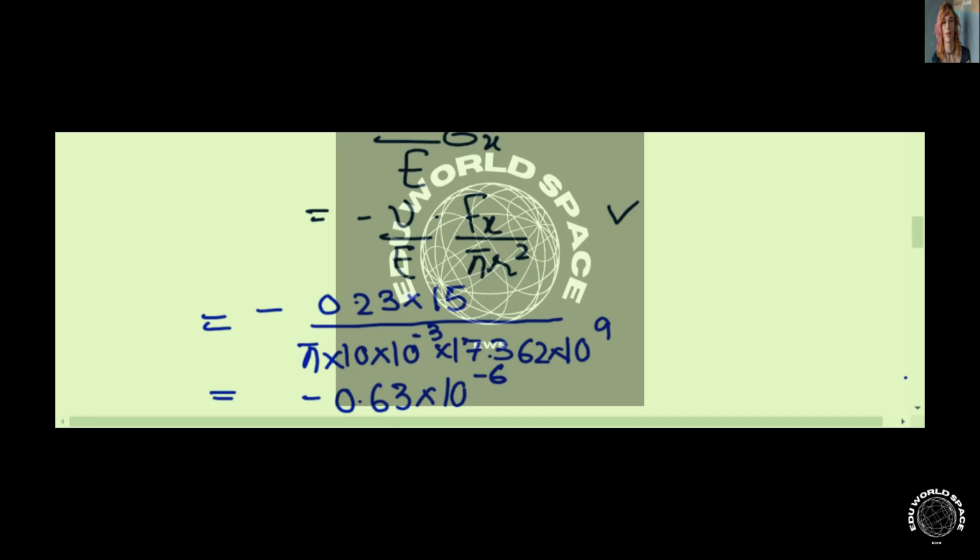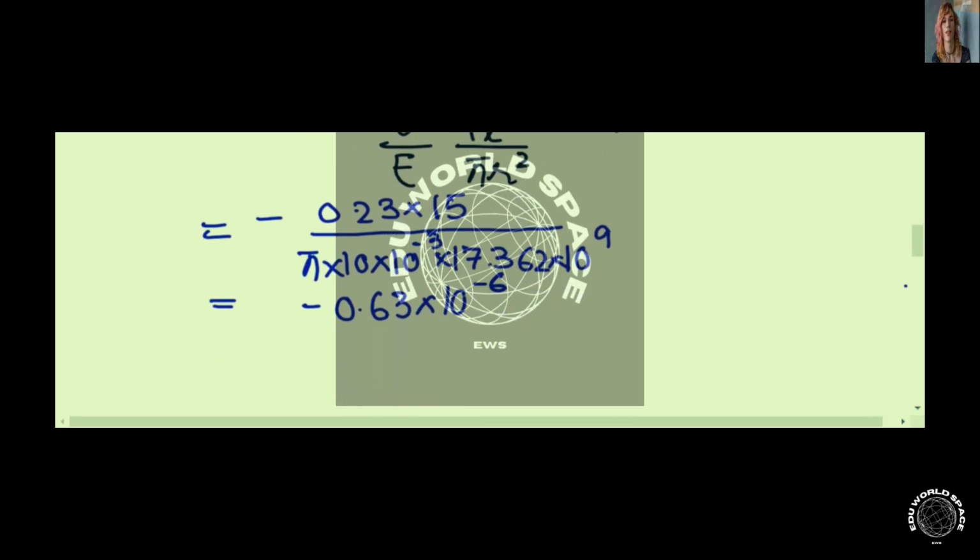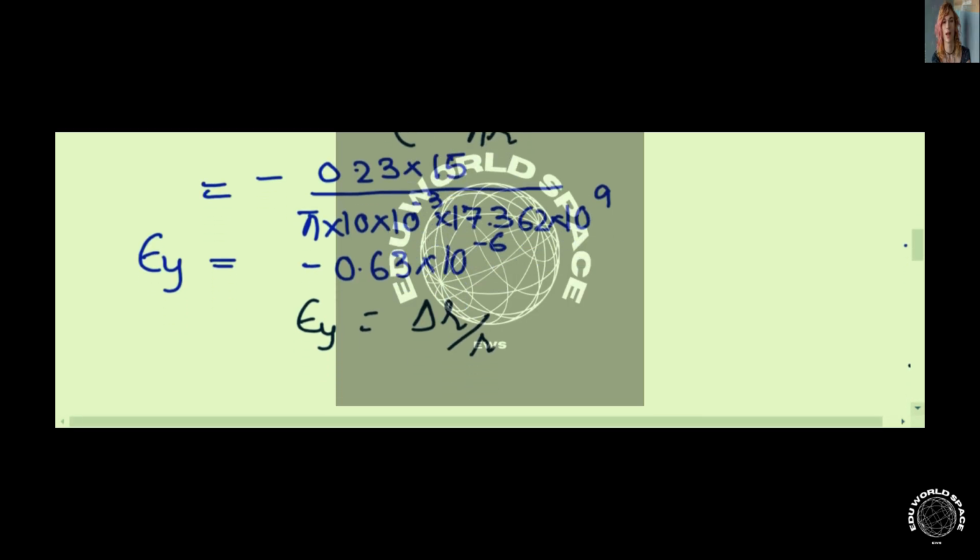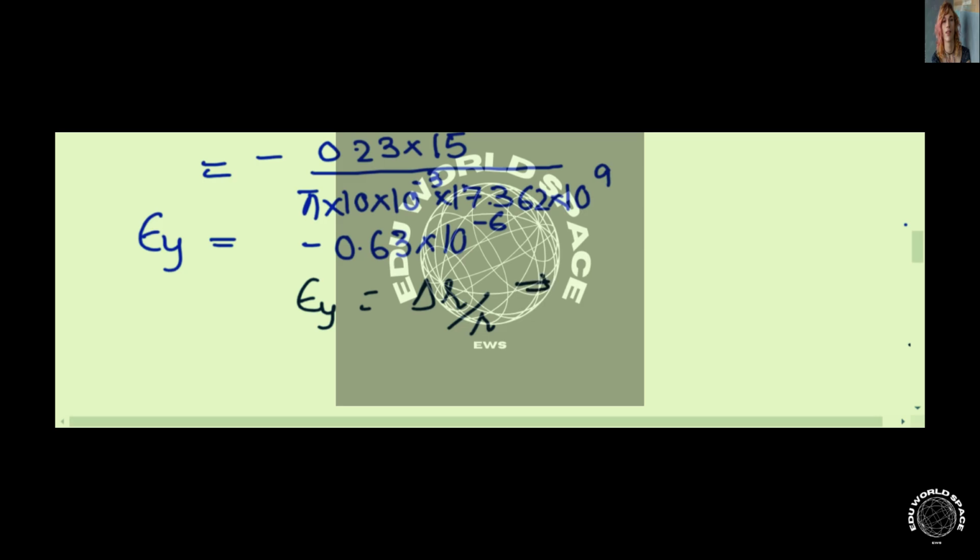Finally, we will use this information to find the change in the radius. We have epsilon sub y is equal to del r, the change in the radius, divided by radius. We rearrange it, so del r is equal to epsilon sub y into r.